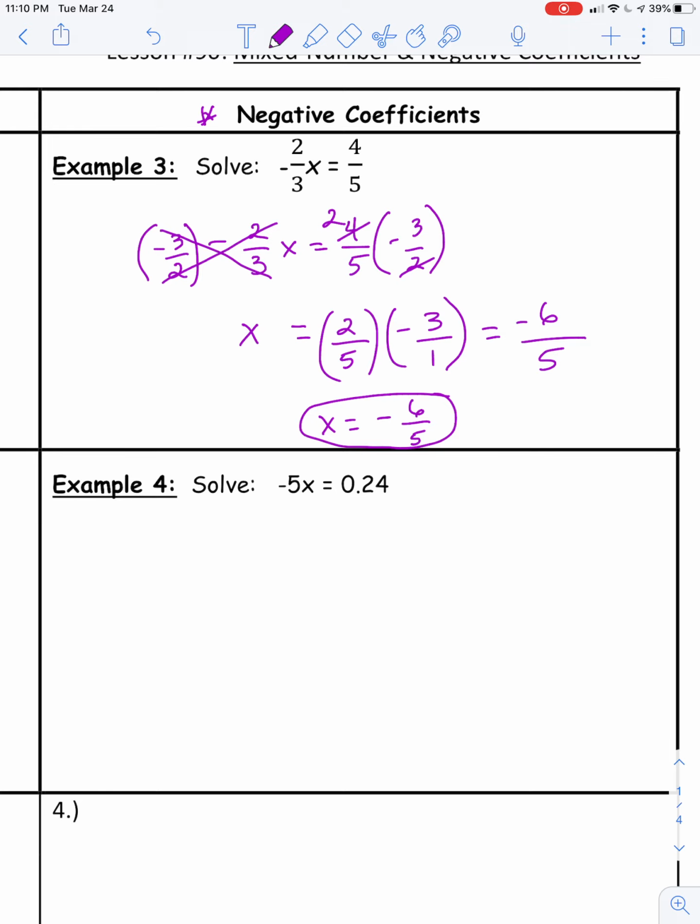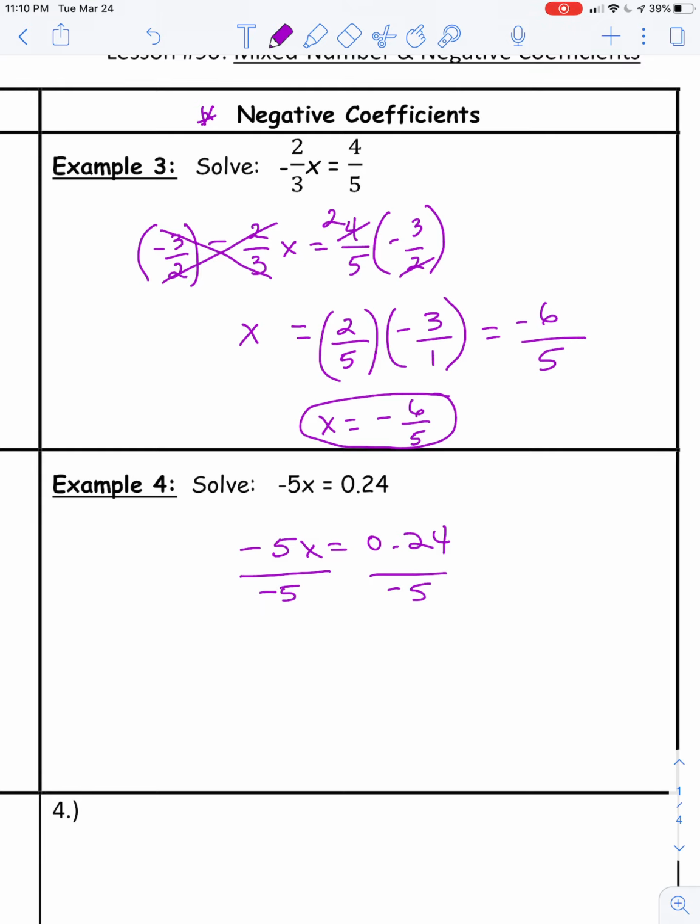Example 4, we're going to look at negative 5x equals 0.24. Negative coefficient here, our negative 5 is the negative coefficient. We want to isolate the x, so in order to do that, we can divide by -5 on both sides.